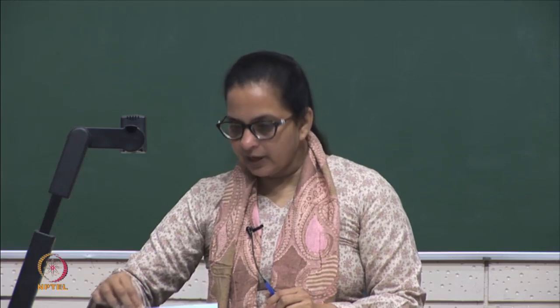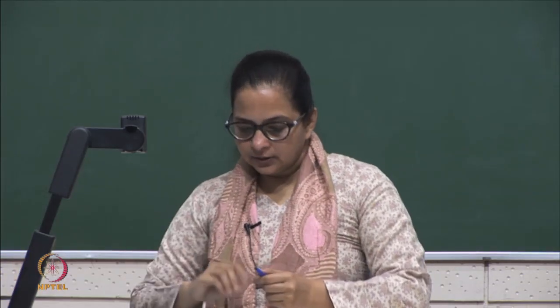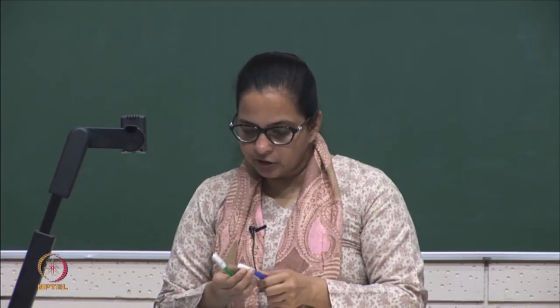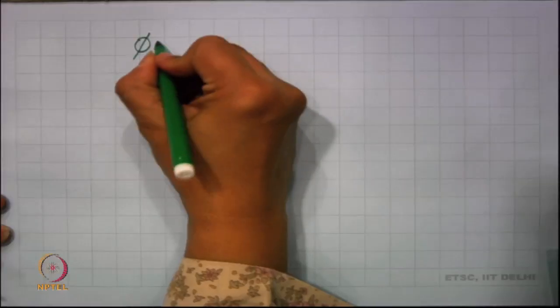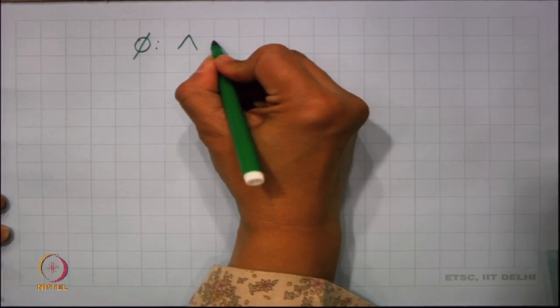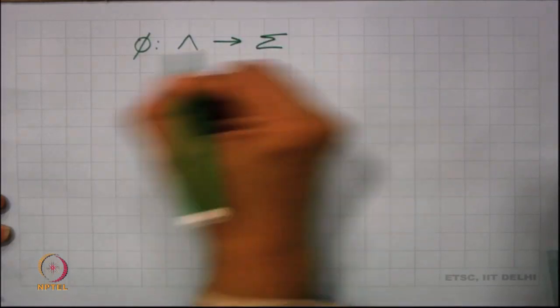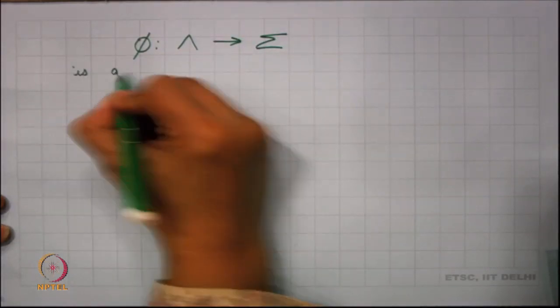Now, since phi is a homomorphism, we have another observation here, that my phi from lambda to sigma is a homomorphism.